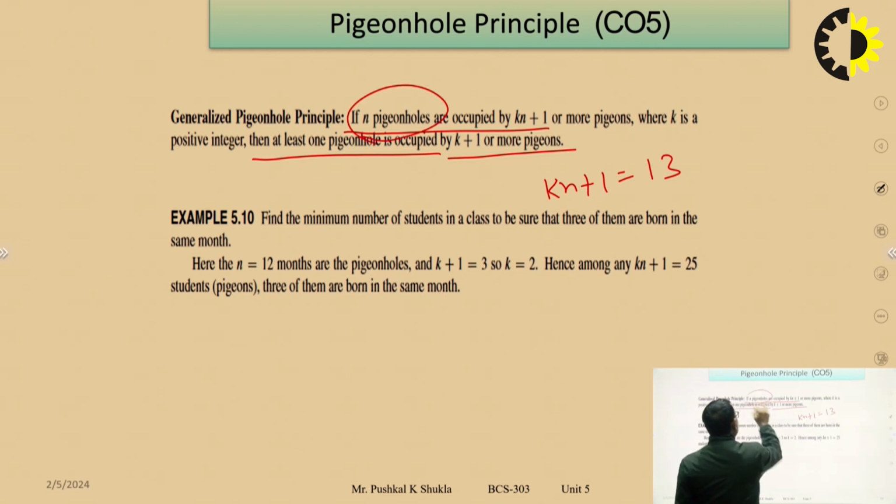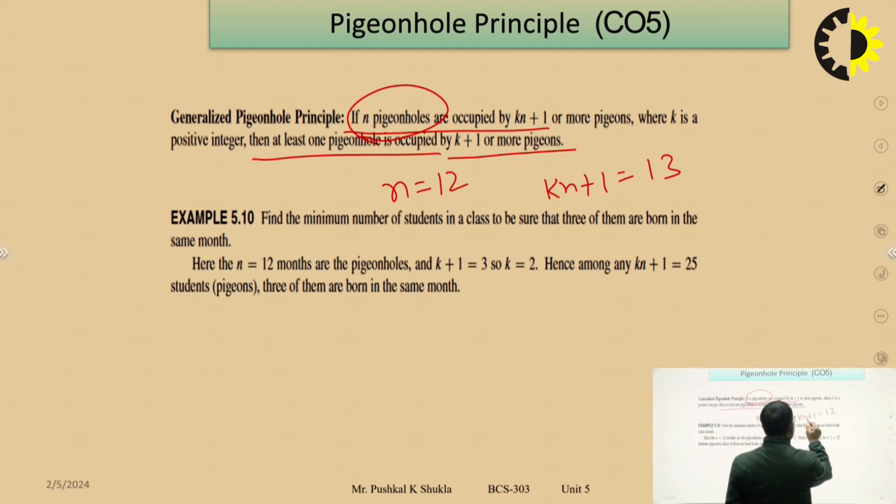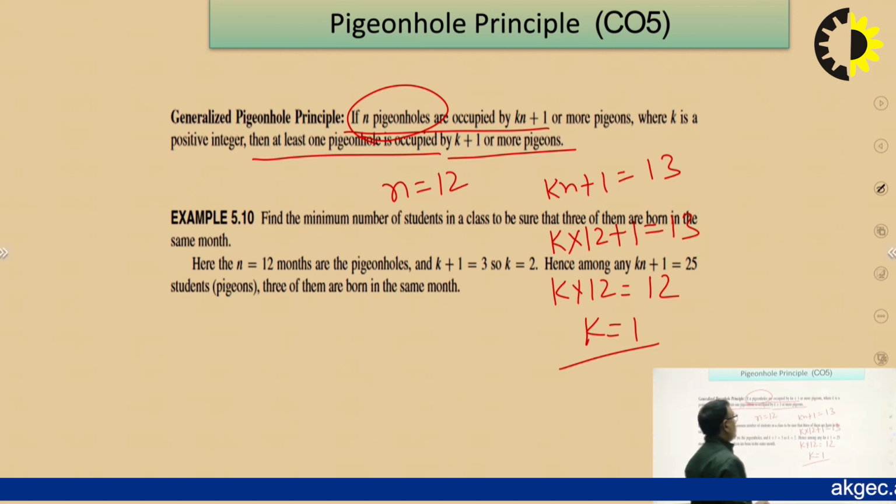N equal to pigeonholes, so n equal to 12 months. In a year, 12 months are there. So put this value k into n, 12 plus 1 equal to 13. So k into 12 equal to 12, so k equal to 1.